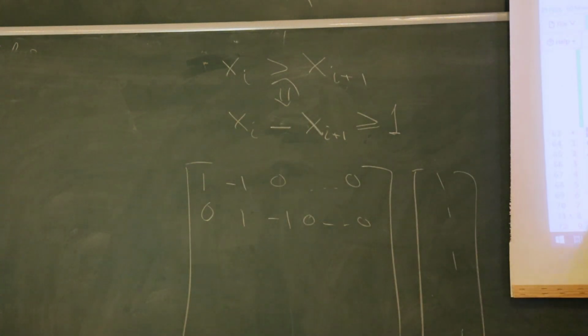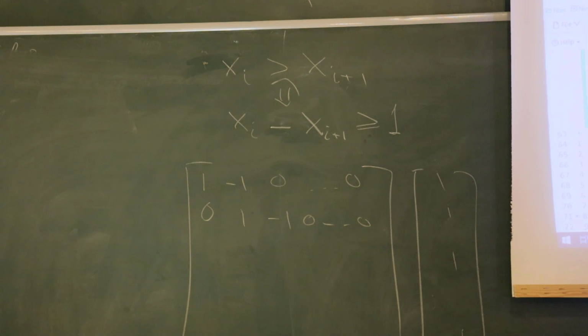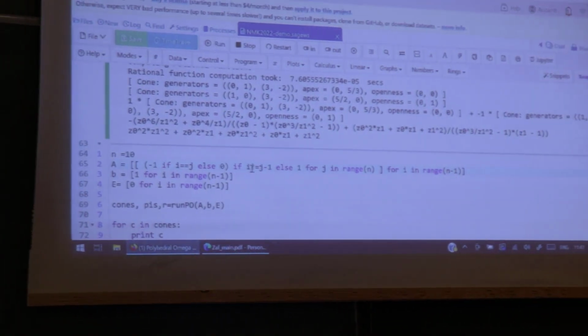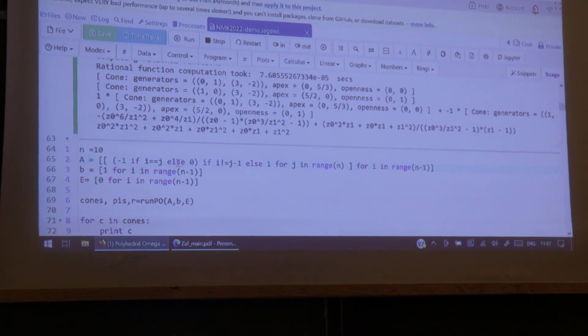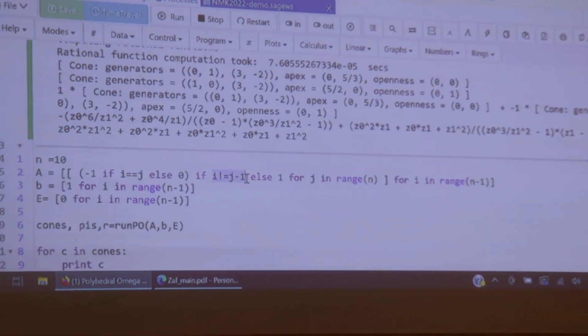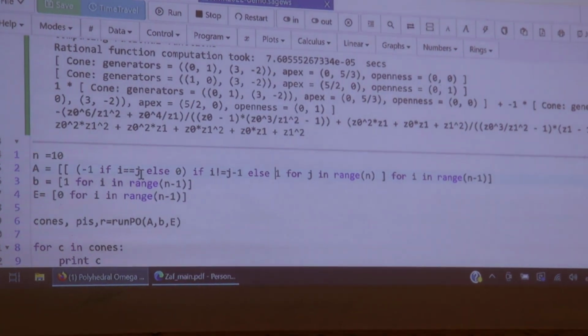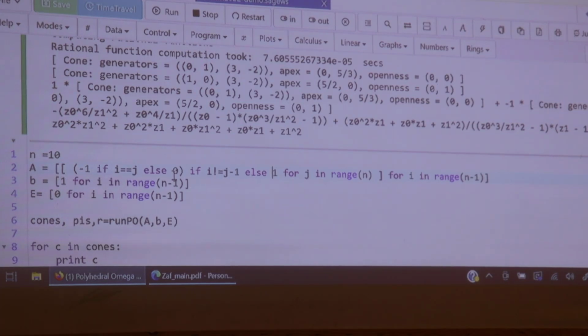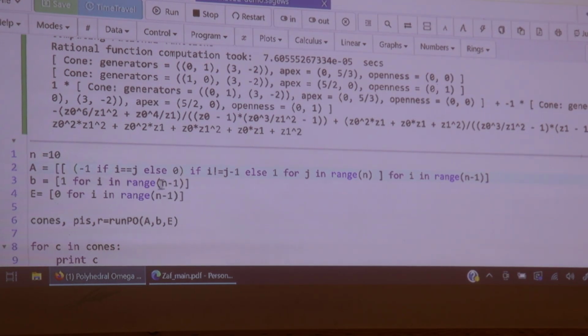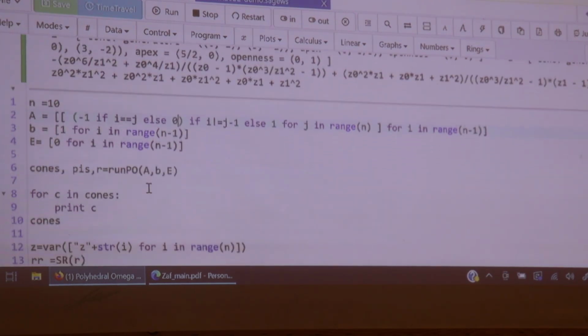This is what this line here does. If i is equal to j, we put 1. If i and j are 1 off, we put minus 1, and everywhere else we put 0, and we get a vector of b's with all 1s.